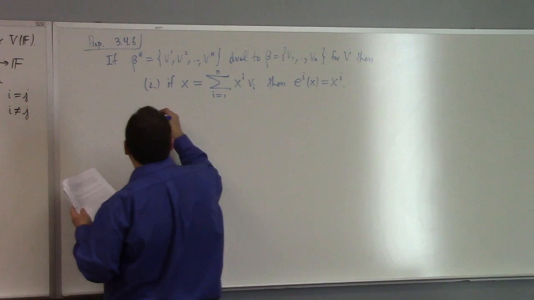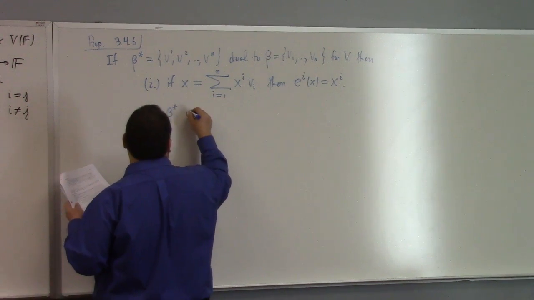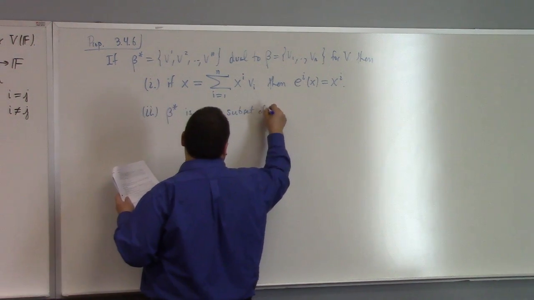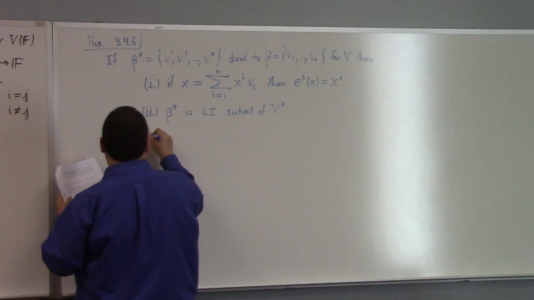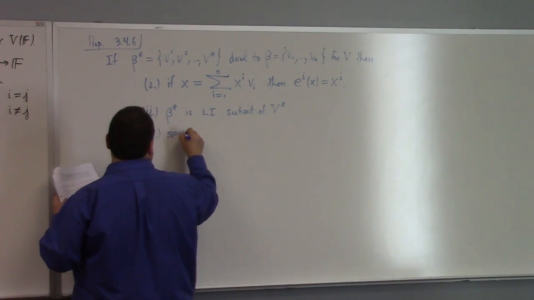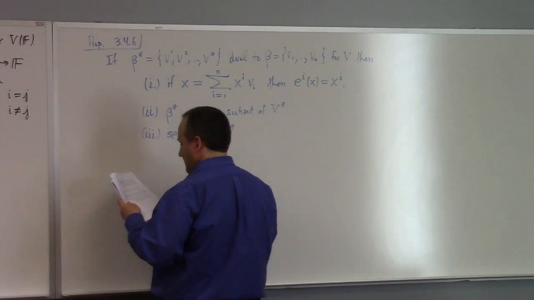Point number two, beta dual is a linearly independent subset of V dual. Point number three is that the span of the dual basis is the dual space.